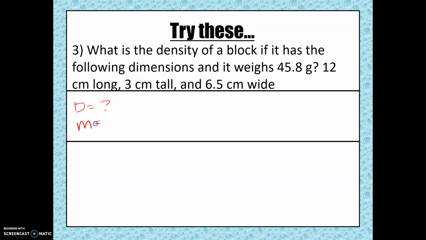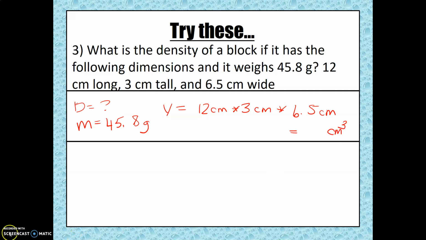For the next one, we don't know what the density is. We know that the mass is 45.8 grams. And we don't know what the volume is, but we do know that it's 12 centimeters times 3 centimeters times 6.5 centimeters. So when I'm all done, my units centimeter times centimeter times centimeter are going to end up being centimeters cubed.